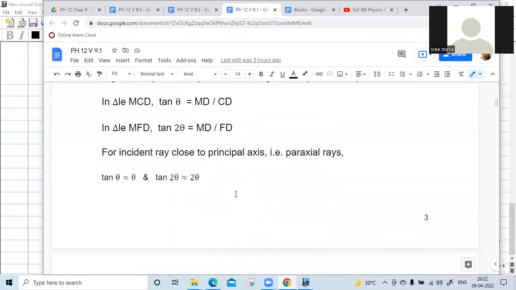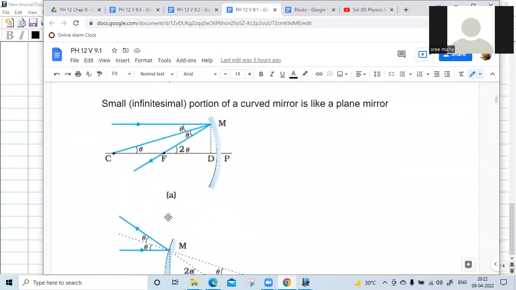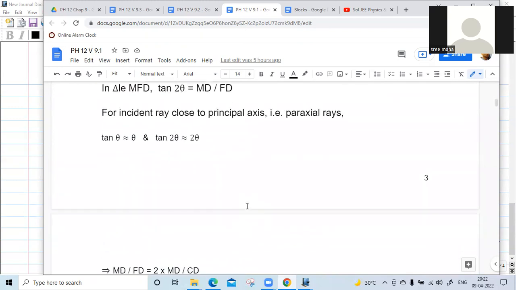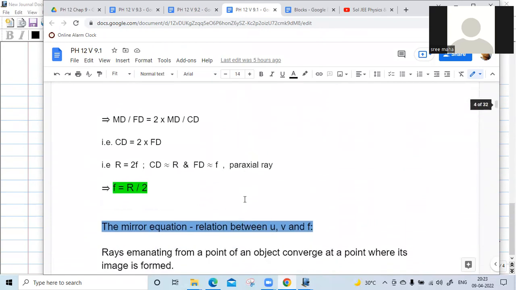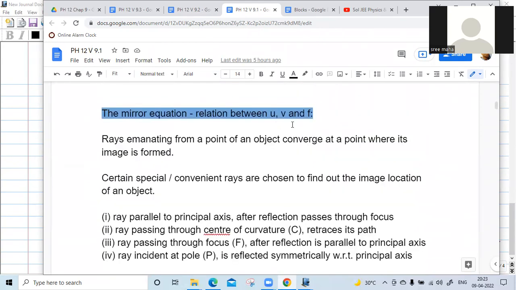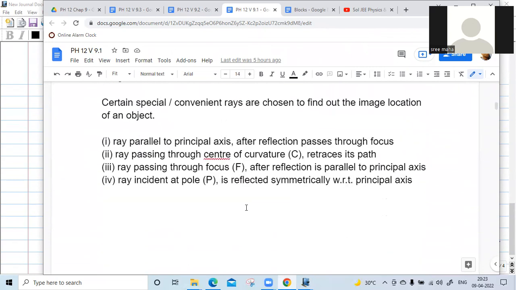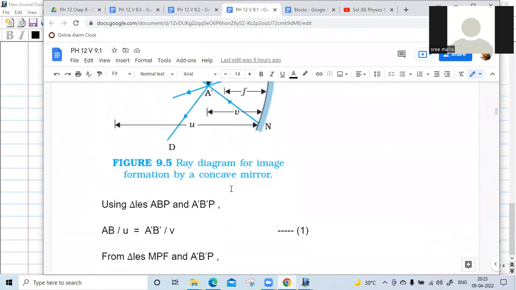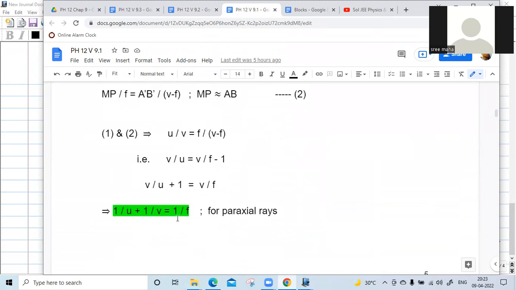And this understanding you should have: focal length and radius are directly related. If focal length moves, radius will also move. But power is inverse to focal length. Similarly, you can relate U, V, and F through the mirror equation, 1 by U plus 1 by V equals 1 by F. Here again, it's paraxial based.